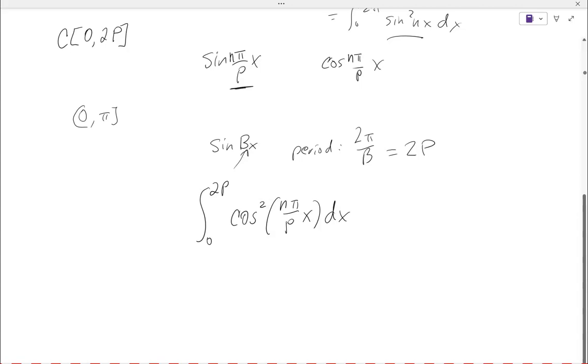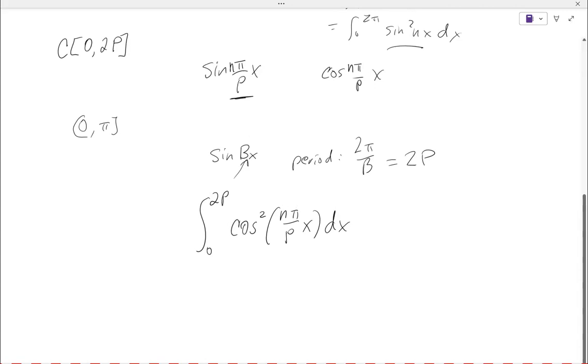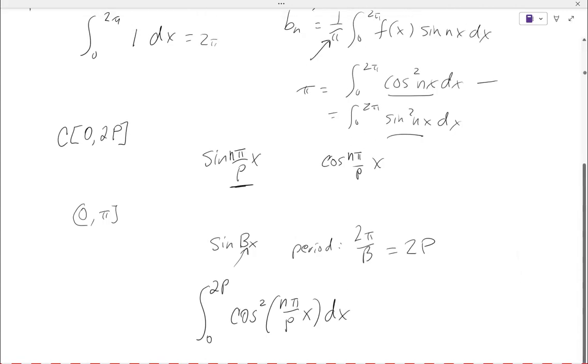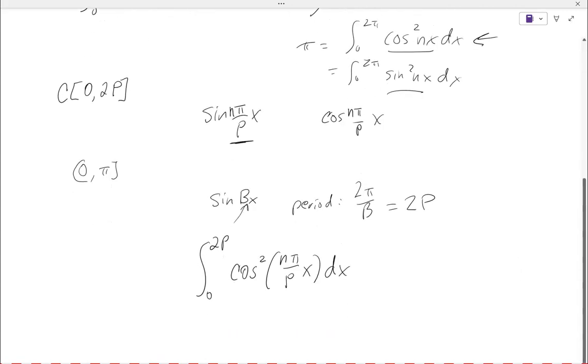Okay? Let's make a substitution here. I want to be able to use the result that we already know. To be able to use this, when I'm done, I want to see cosine squared of nu du. That's what I want to see when I'm done, right?